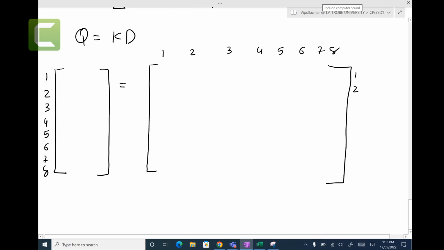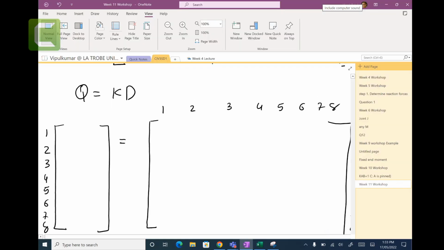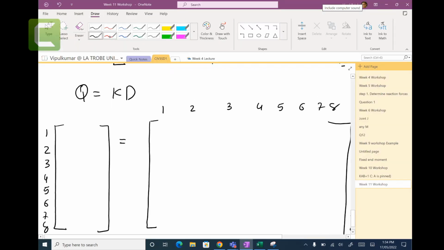And 1, 2, 3, 4, 5, 6, 7, and 8. And that is the D matrix. Again, 1, 2, 3, 4, 5, 6, 7, and 8. Okay, so this is Q, K, and D. Right. So now that is the thing that I want to show you. That will be helpful. Okay, so you draw the line from the two.